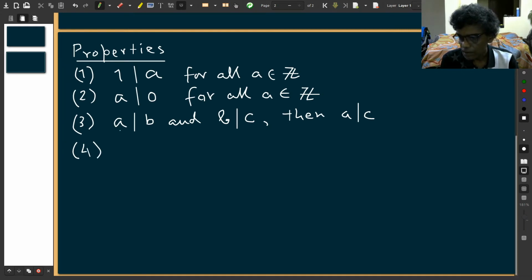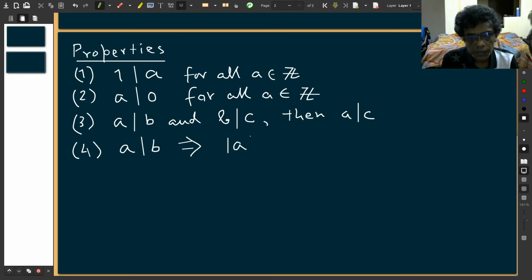Okay, what else am I missing? Okay, if a divides b, this implies the absolute value of a is less than or equal to the absolute value of b. Okay, here I must make an assumption, b not equal to 0.